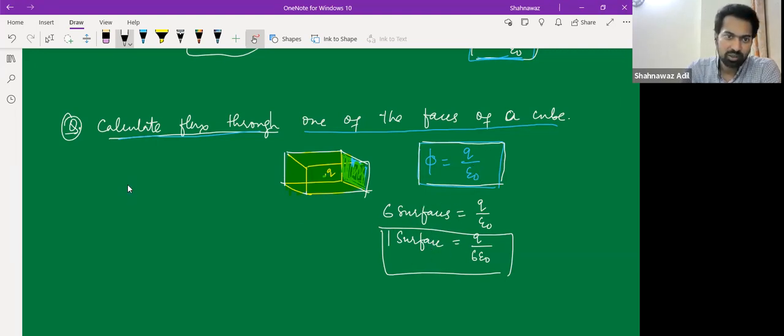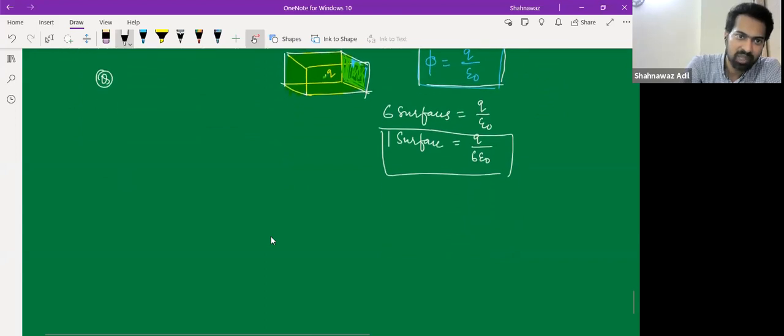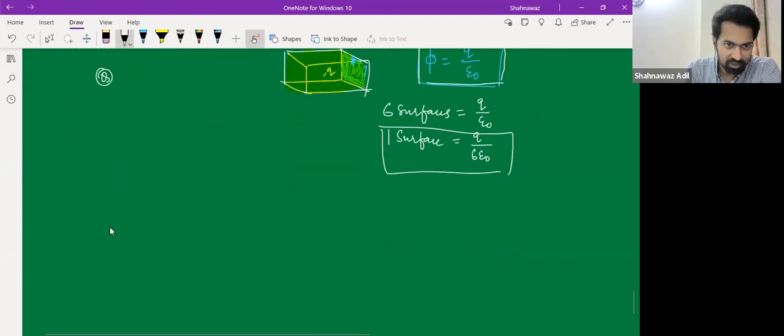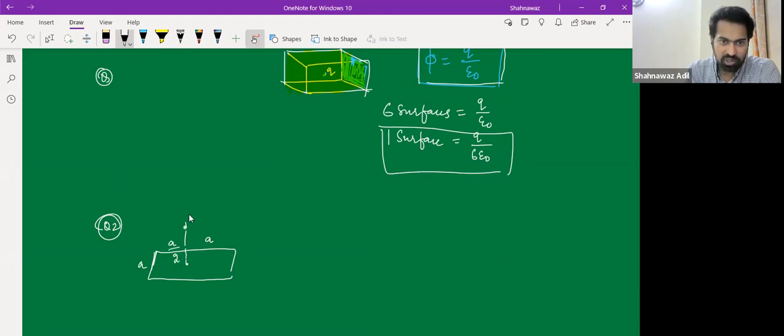Okay, so this was one question, and let us do one more problem, which is exactly similar to this. Let's say we have a surface whose dimension is A, and we want to calculate the flux at A by 2 distance from this point.